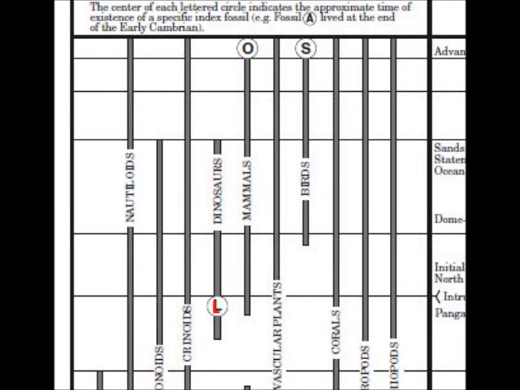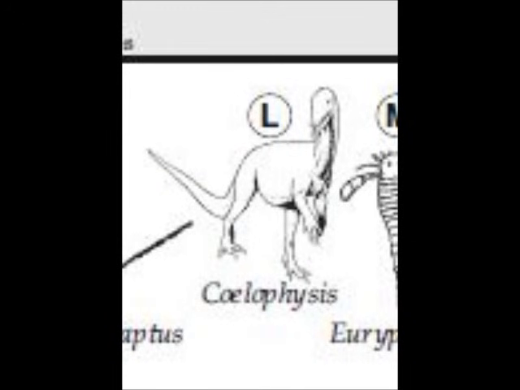So you'll see in the dinosaurs bar, it would have letter L, which is a Coelophysis, I think that's how you say it. And dinosaurs existed for that entire bar, but that one animal only existed for a short time. So if you find that one animal, that tells you that you're towards the late Triassic, and that helps you date other objects and animals and fossils that you find in that same layer of rock.